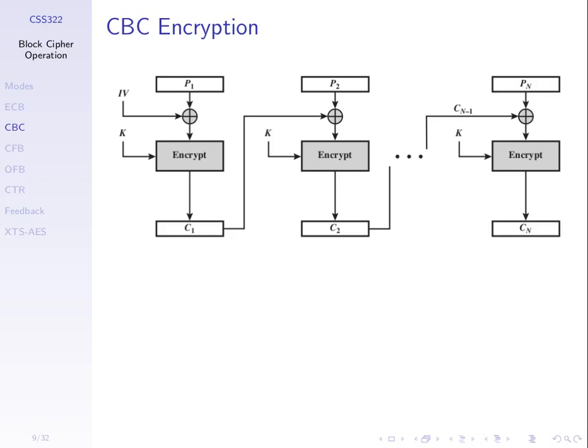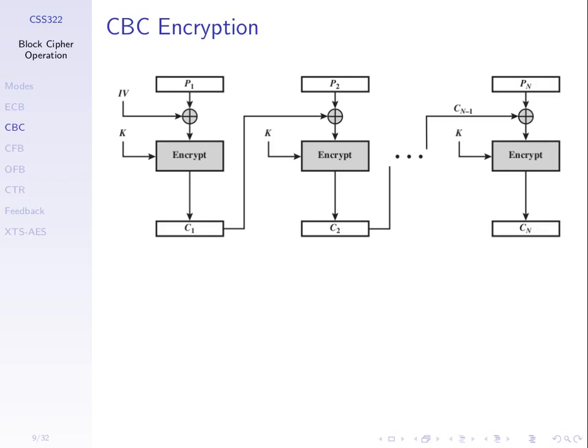Right, this is just the exclusive OR across the bits of the IV, say with DES. When we're using 64-bit blocks, it'd be 64 bits of P1, XOR with a 64-bit initialization vector. We'll get 64 bits out. Now apply DES and encrypt those 64 bits.